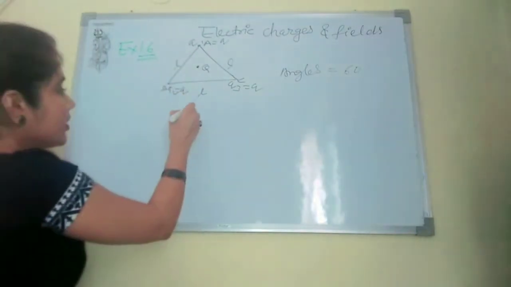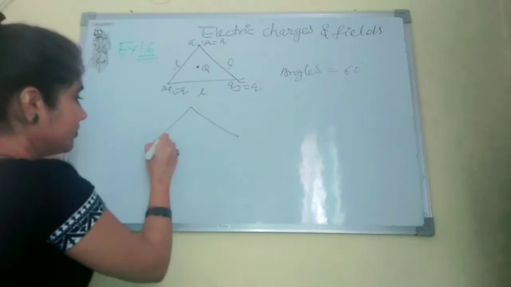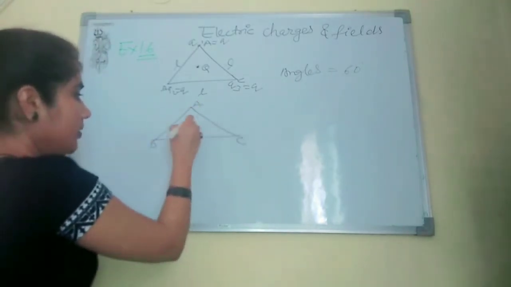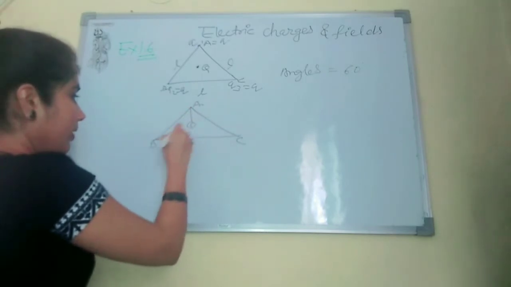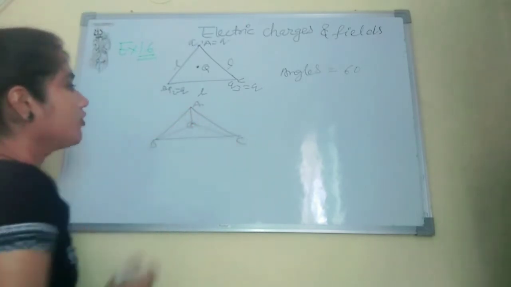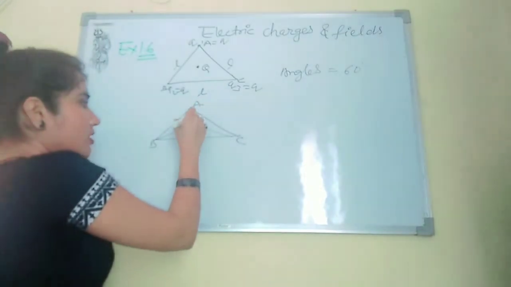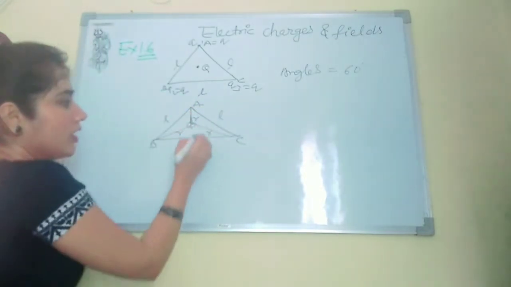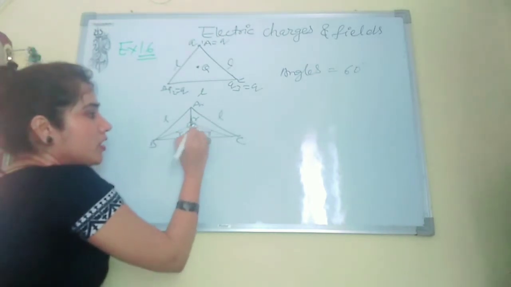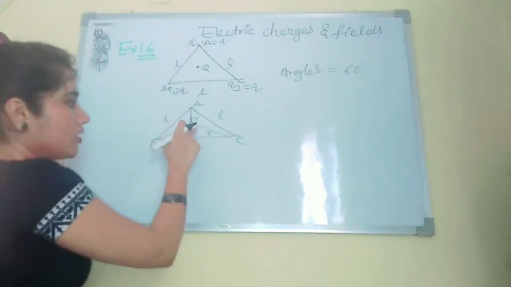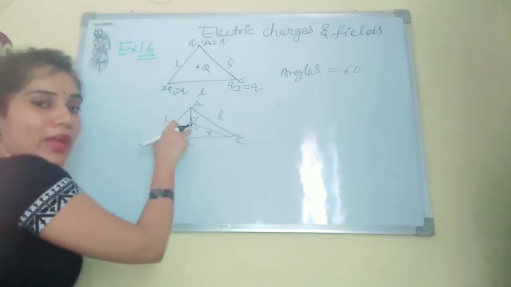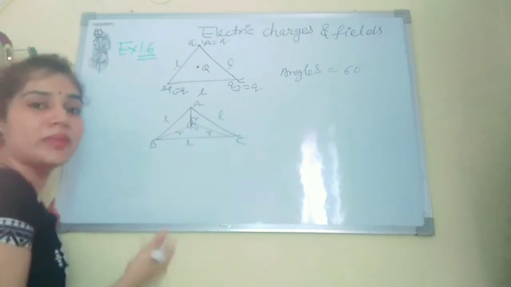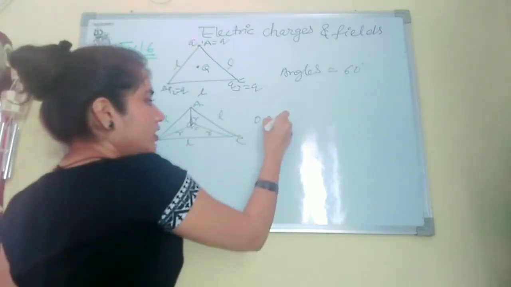So this is the equilateral triangle A, B, C, Q. Suppose we take this point, and we mark it O. This is the charge Q, capital Q, and OA, OB, OC will be equal because it is an equilateral triangle.